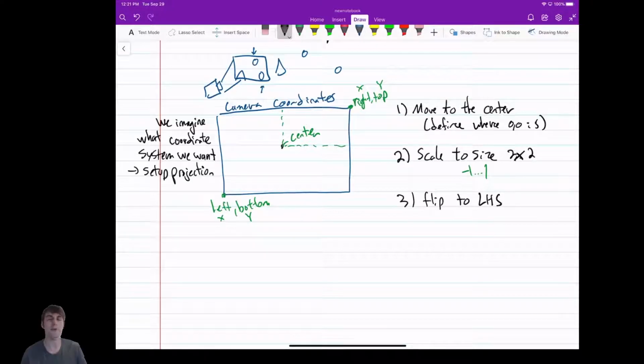If we are moving to normalized coordinates, let's follow the norm. Luckily, to go from the right-handed system to the left-handed system, we just invert the Z. So Z times equals -1. It's really easy. We want the positive Z axis into the scene, not behind us.